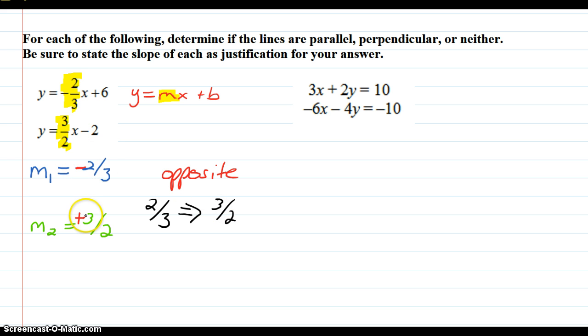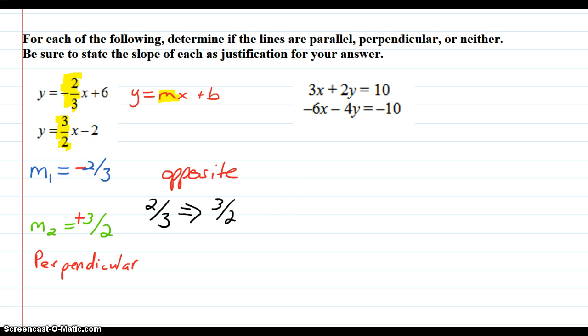So we do have our opposite reciprocals, so these two lines are perpendicular. And the reason is because the slopes are opposite reciprocals.